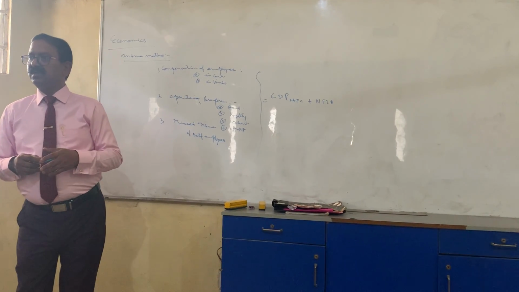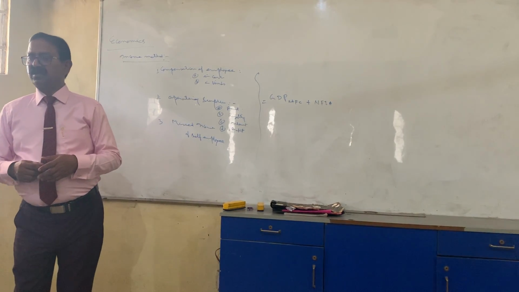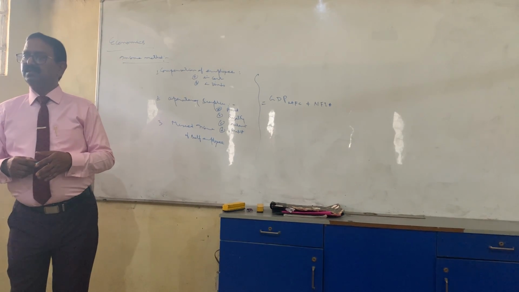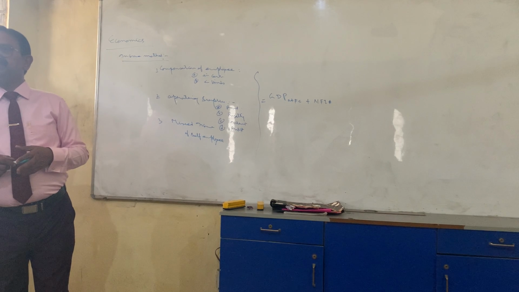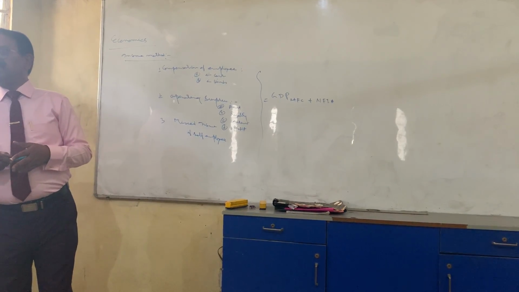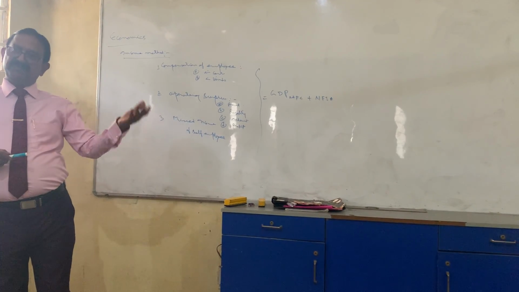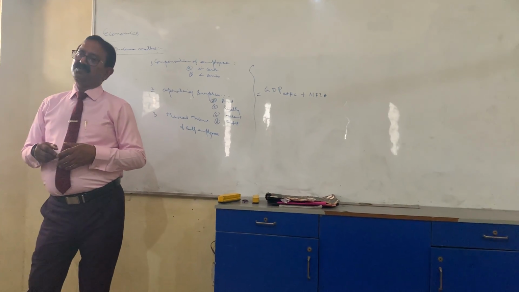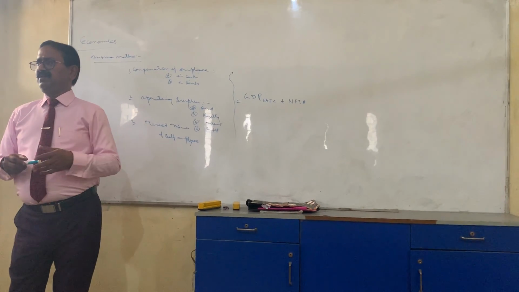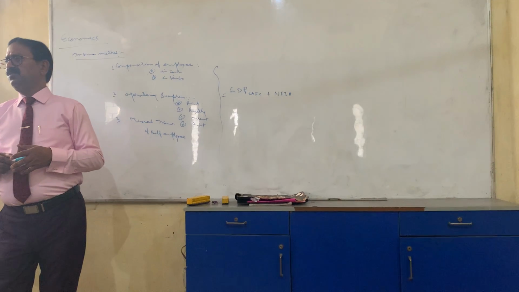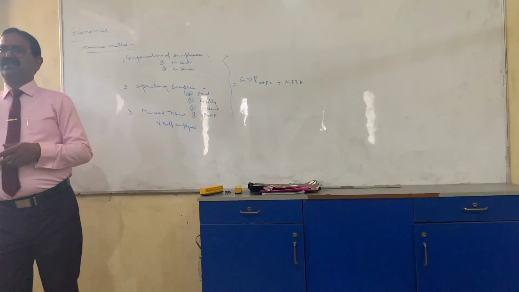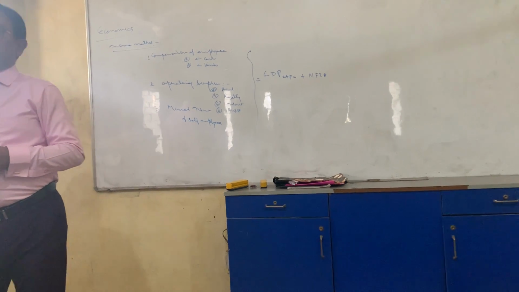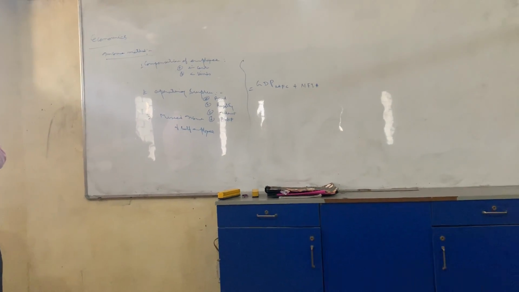I am an employee of RPS, one of the public schools. Your father may be an employee of Indian Railways, or a CBI officer, at the center, state or local bodies, or in a private organization. So they are getting salary and wages.